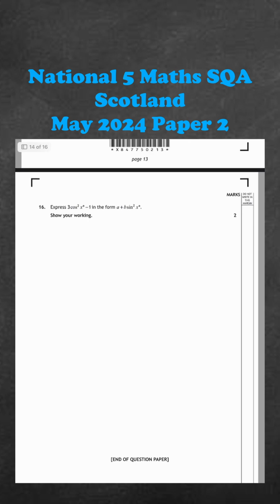And the final question, express 3 cos squared x minus 1 in the form a plus b sine squared x. Show your working. So cos squared x plus sine squared x equals 1. Therefore, cos squared x equals 1 minus sine squared x.